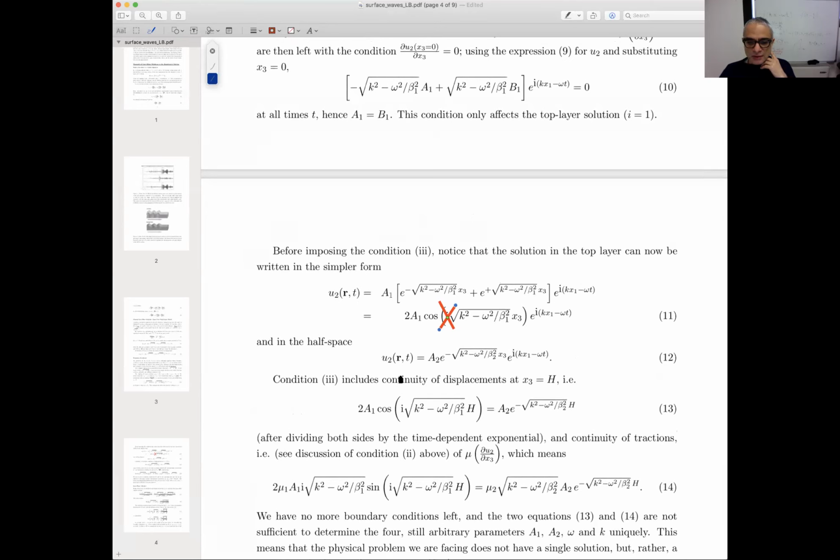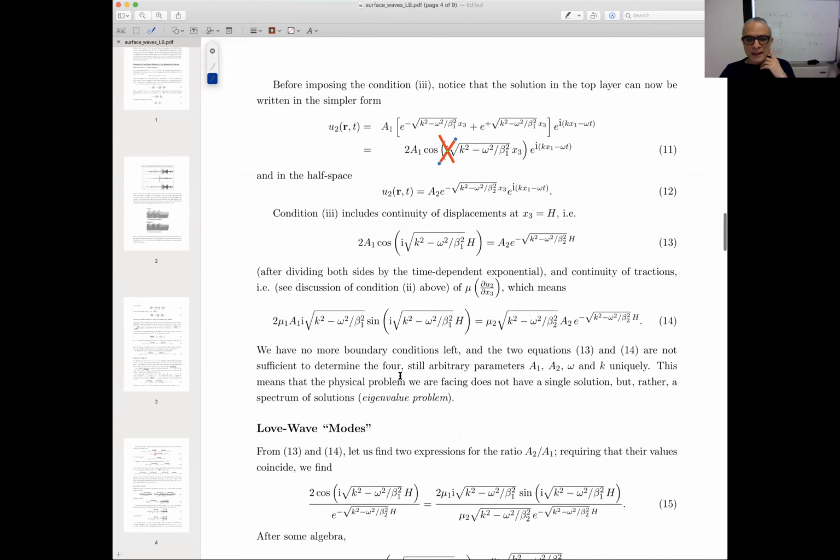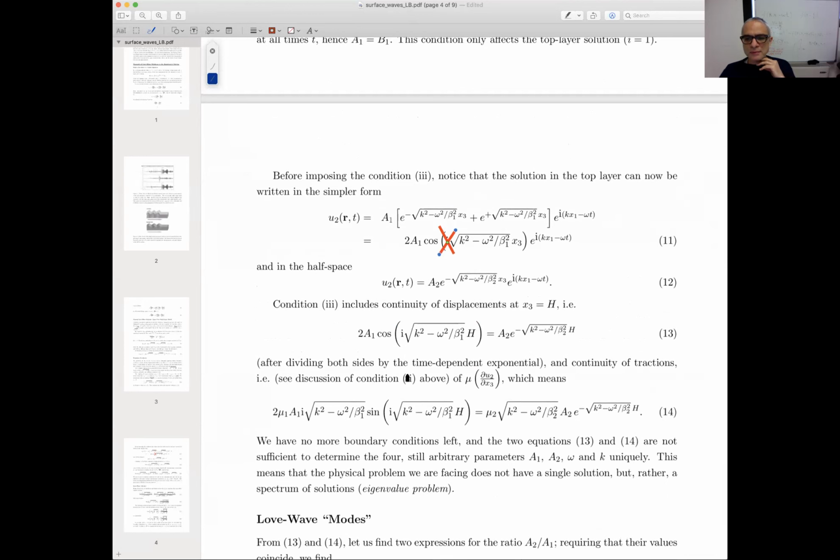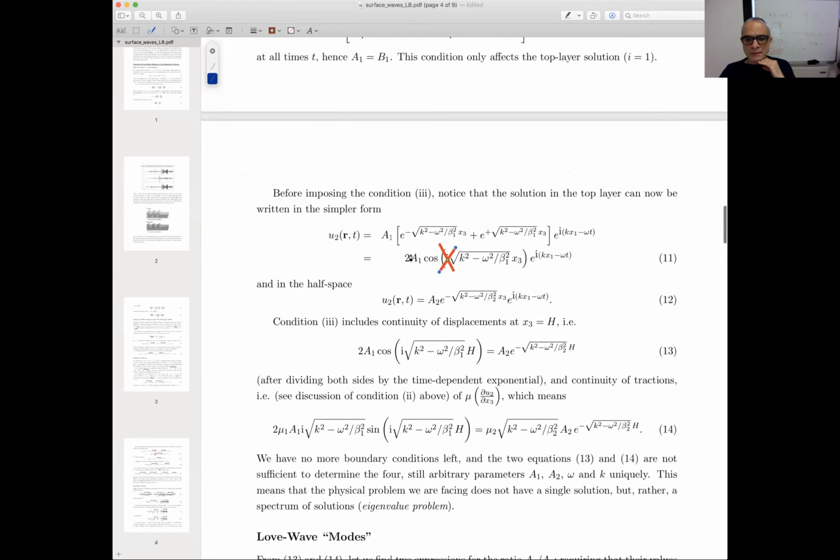Let me check, actually. Is this a typo? No, I don't think it's a typo, actually. Now that I think about it, sorry, I think it's okay. I think I'm right, because here you don't have I. So this guy, it will be cosine of chi x minus omega t plus I sine blah blah blah.